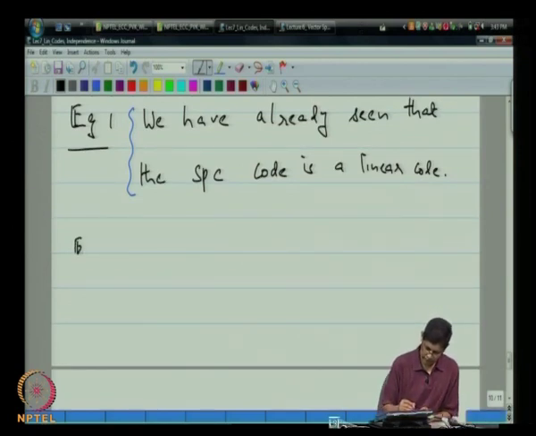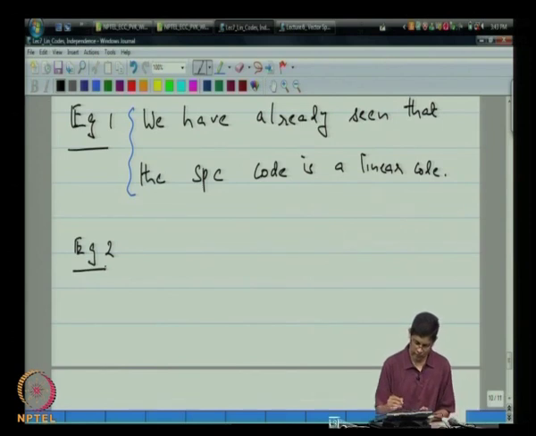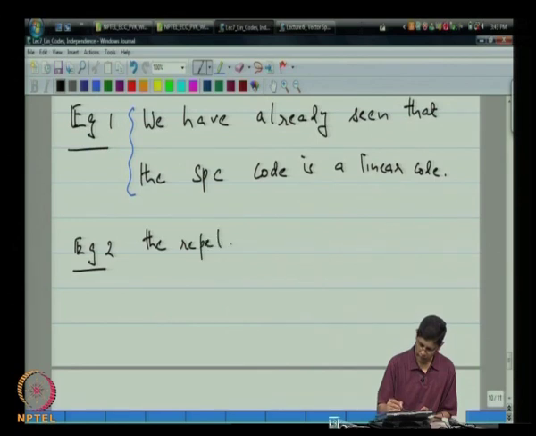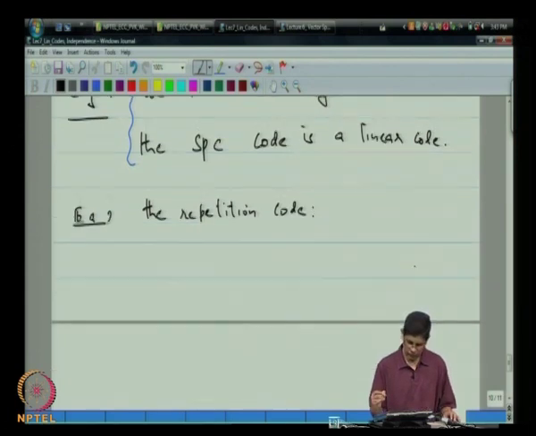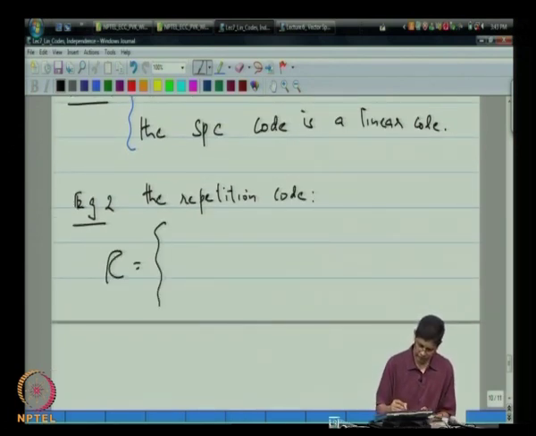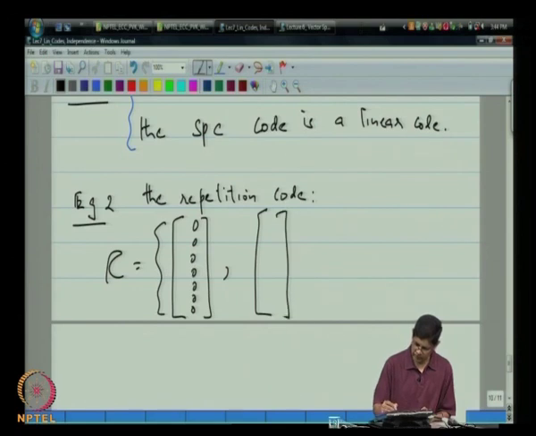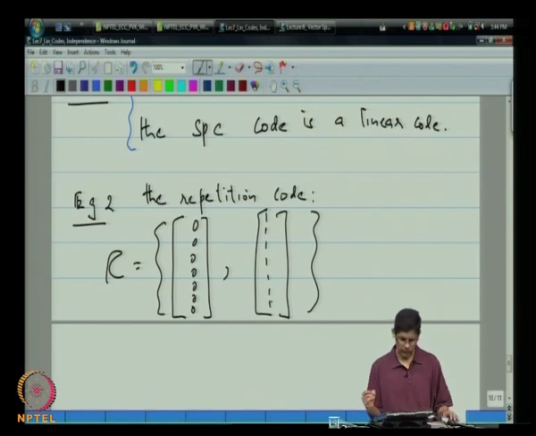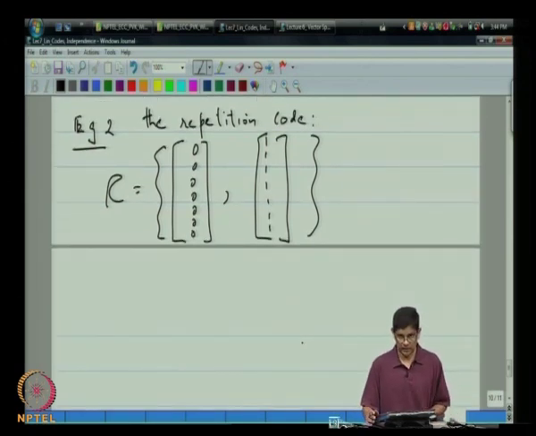Example 2. The repetition code. So, here the code is comprised of just 2 vectors, and in order to check that it is a code, you just have to check addition.